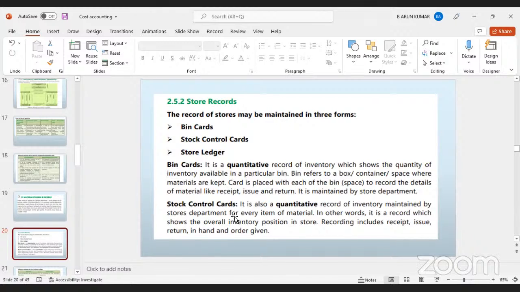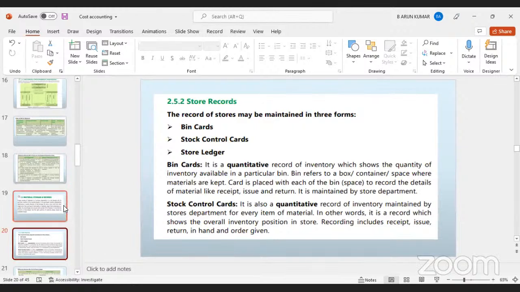But in stock control cards, we maintain the quantity of all materials in inventory. We maintain the details of all quantities of goods. The basic difference is that a bin card maintains a particular product, while the stock control card maintains the overall record of all bin cards.